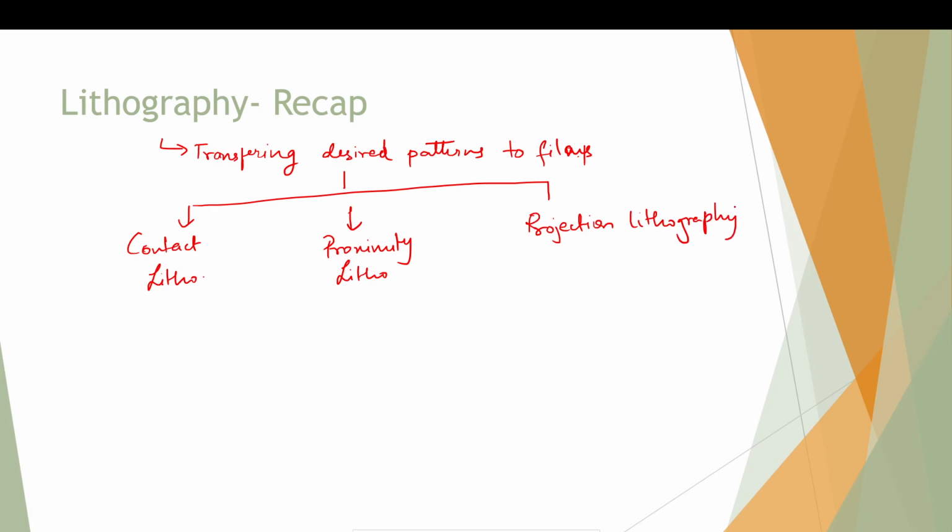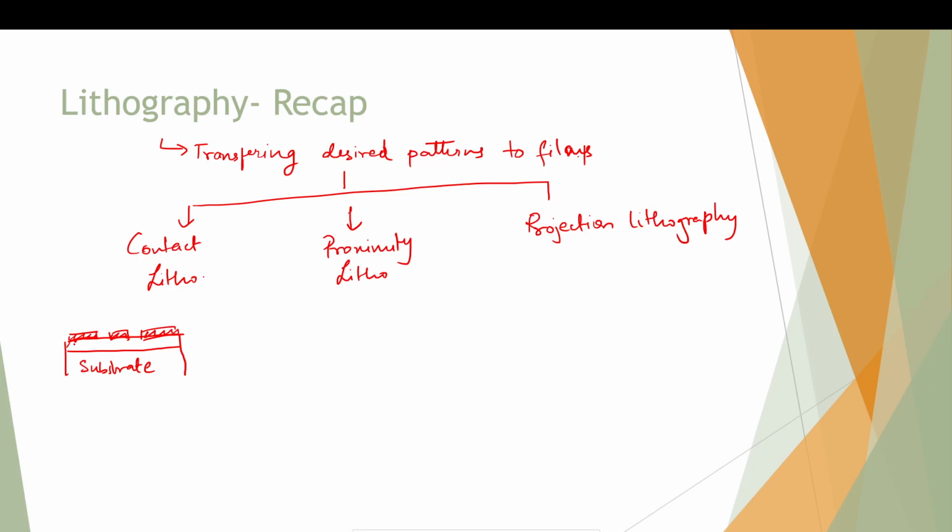So we learned these things in great detail, but to summarize in short, contact litho is basically when we have a mask. Say this is my mask, and I place the mask directly on top of my photoresist. So this is my substrate, or it can be any stack.